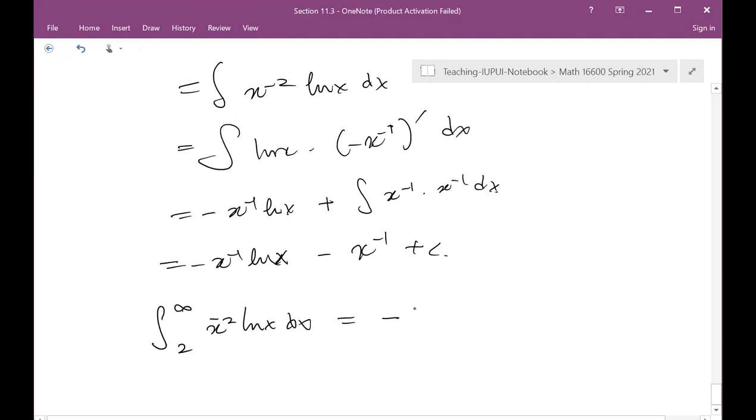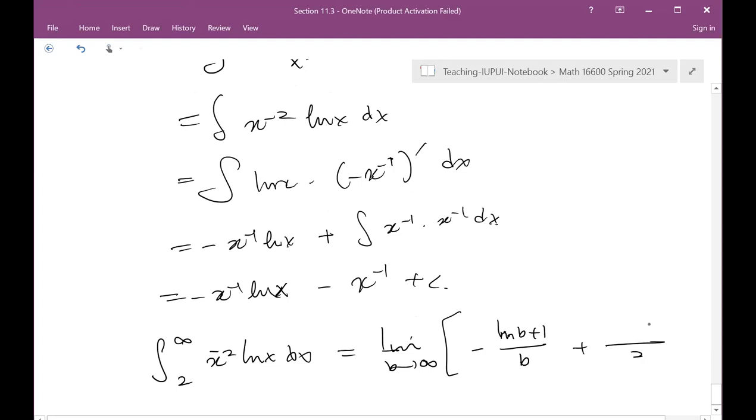It takes the limit, right? When b approaches infinity, integral from 2 to b. So you have to, let's see, put a negative natural log of b plus 1 over b, okay? Plus 2 natural log 2 plus 1, okay?